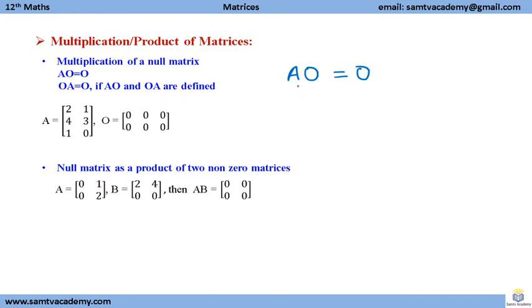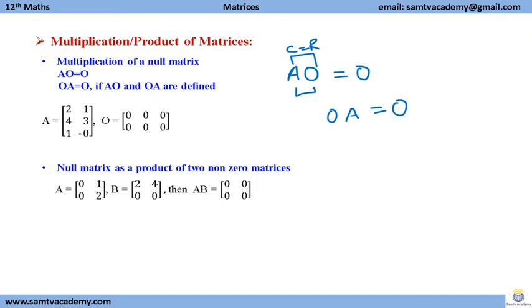In this we have to see only that both are defined, that the columns of A should be equal to the rows of the null matrix, then only it will be possible, and then it will be equal to a null matrix. Or if we do null matrix O into A, then also it is a null matrix.